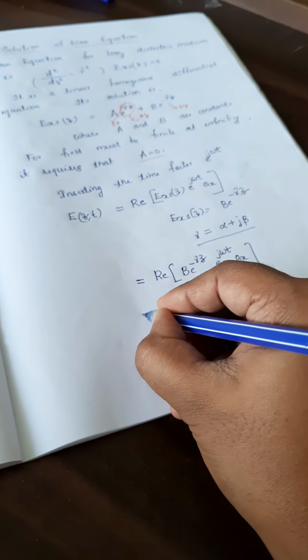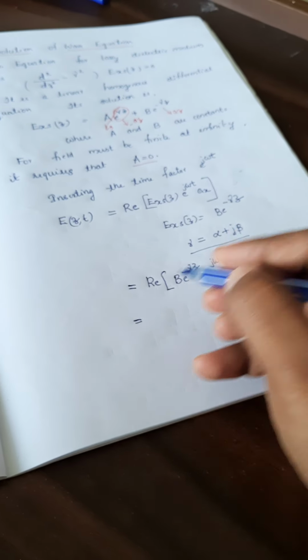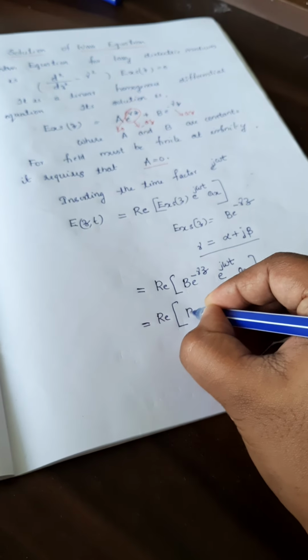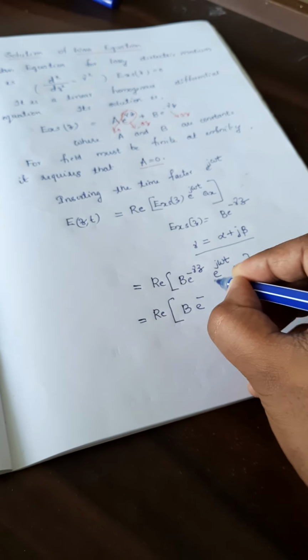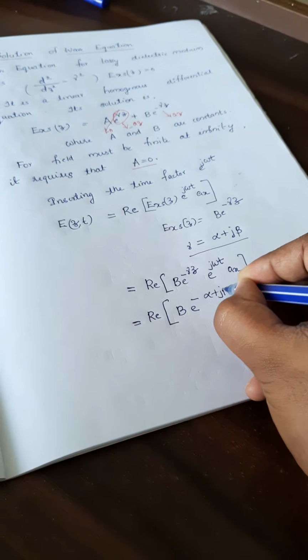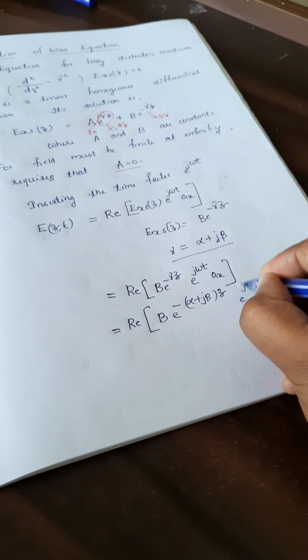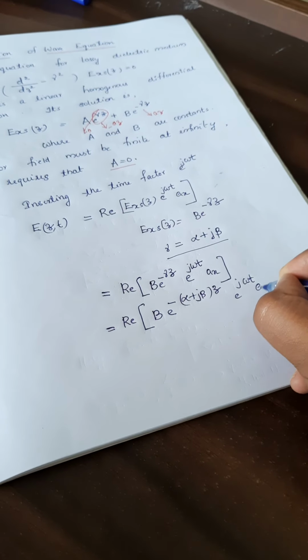Now substituting gamma, it is the real part of B into e raised to minus alpha plus j beta into z e raised to j omega t ax.